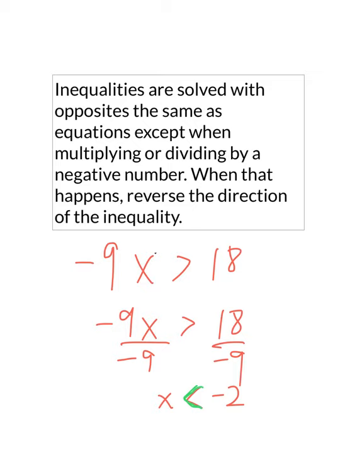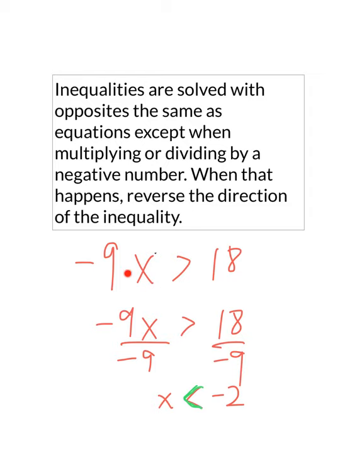Inequalities are solved with opposites, the same as equations, except when multiplying or dividing by a negative number. When that happens, reverse the direction of the inequality. So for example, negative 9x is greater than 18.